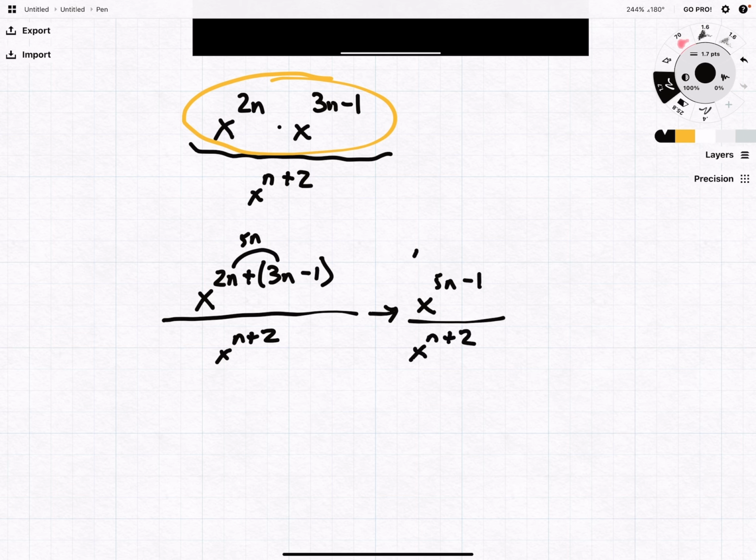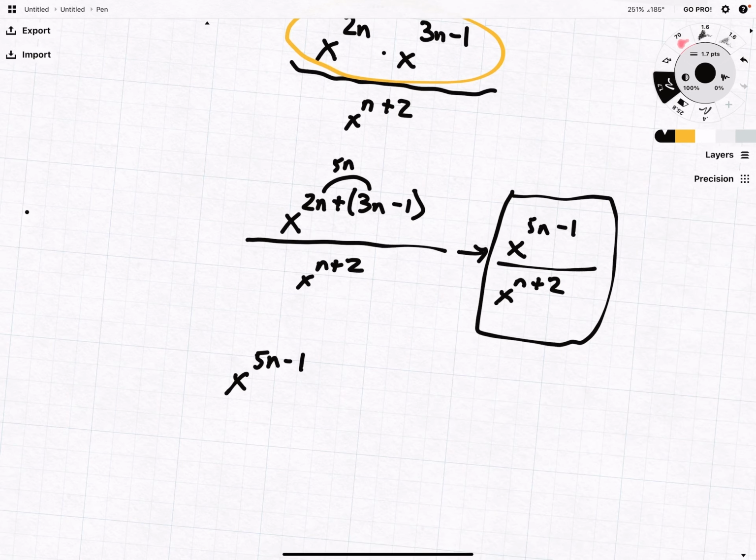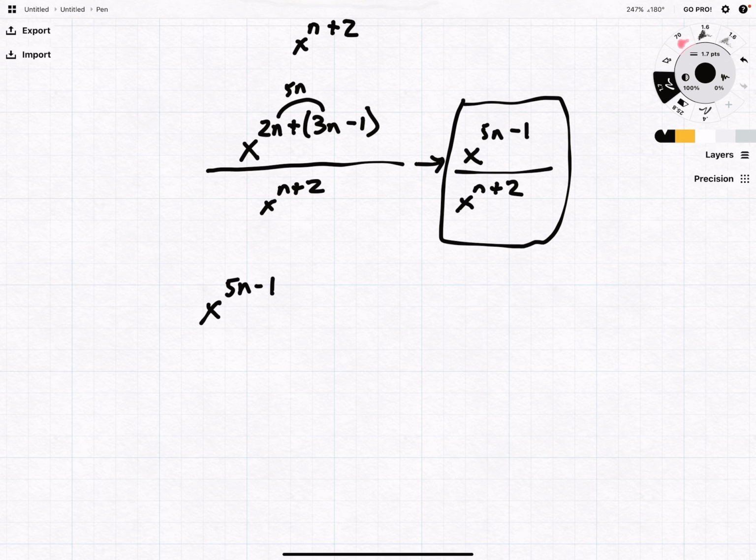Now, when we are dividing, as we are here, anytime you're dividing exponents with the same base, in this case base x, then you can subtract the exponents. And so with this, you'll see we have to be pretty careful when we are subtracting, because here's why. We have x to the 5n minus 1 minus n plus 2. So notice this minus, you have to distribute the minus sign.